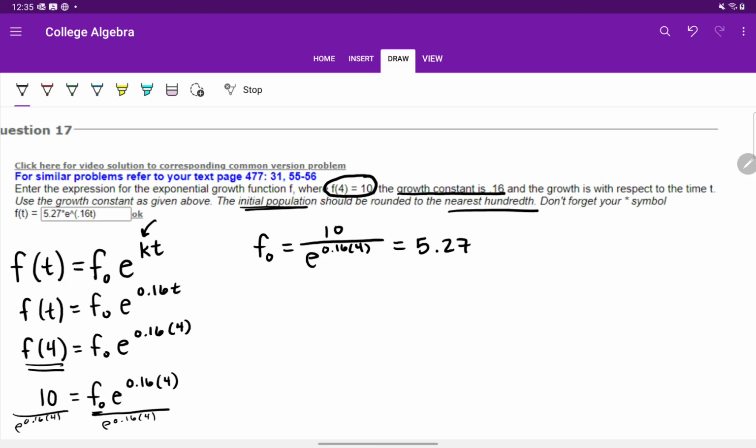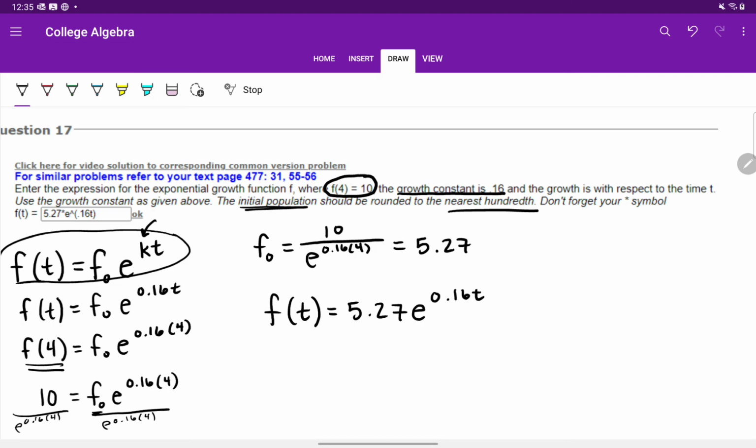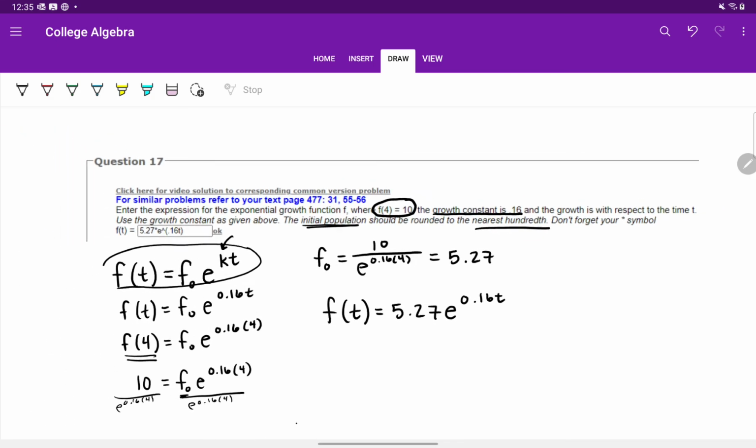So the question asks us to actually write our function. So we take our function f of t, and in for our initial value we put 5.27 e to the 0.16 t. And that's what we put in as our answer.